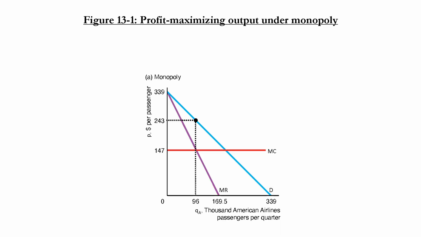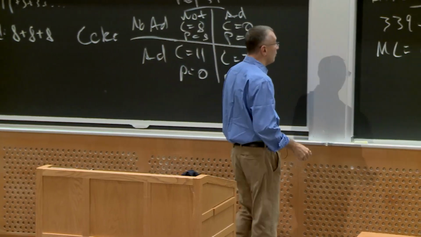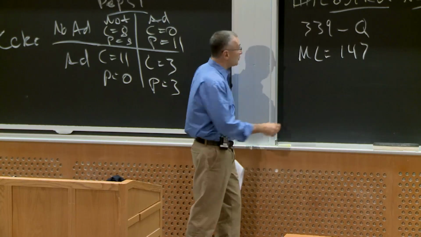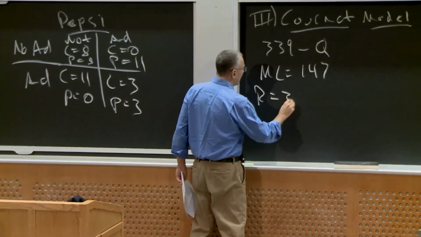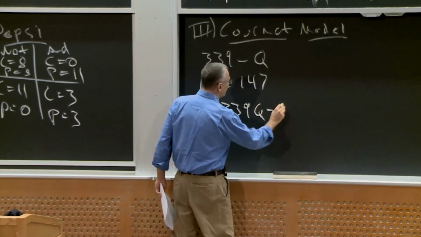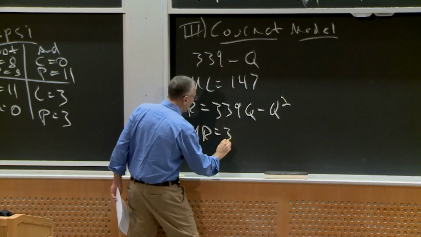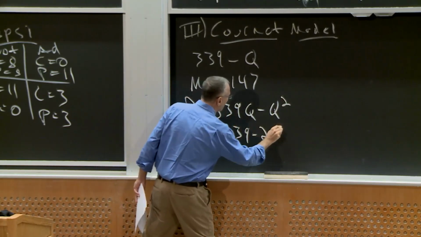So what would a monopolist do? Well, good practice for y'all for tomorrow night. What would a monopolist do? A monopolist would set marginal revenue equal to marginal cost. Well, what's revenue? Revenue is 339Q minus Q squared. What's marginal revenue? 339 minus 2Q.